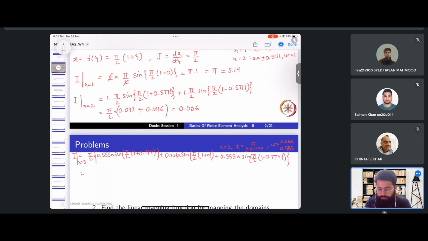Pi by 2 times 0.555 times sine of pi by 2 into 1 plus 0.774, plus 0.888 times sine of pi by 2, which is just 1, plus 0.555 times sine of pi by 2 into 1 minus 0.774.